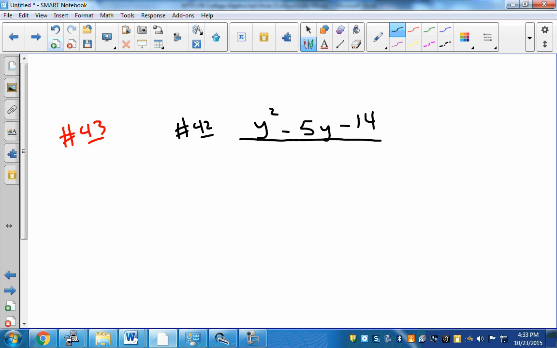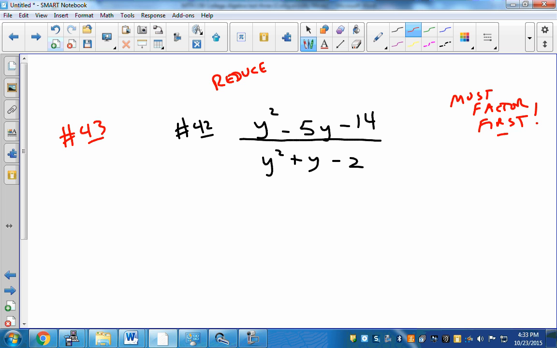And on the bottom, you have y squared plus y minus 2. And again, the directions simply say reduce. Now, before you do anything, you have to factor. Must factor first. Most of these problems are factoring exercises.